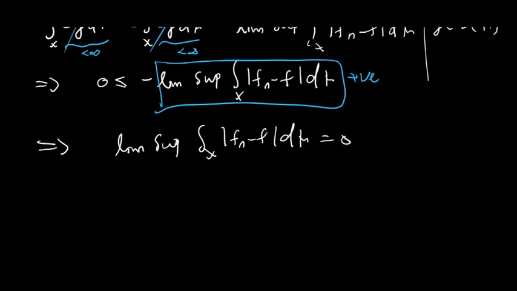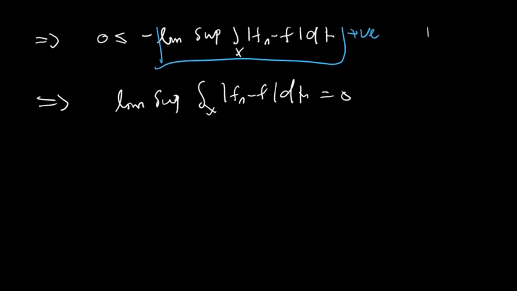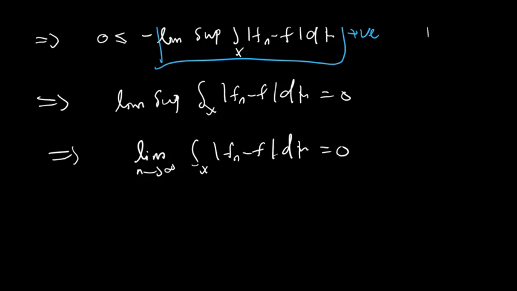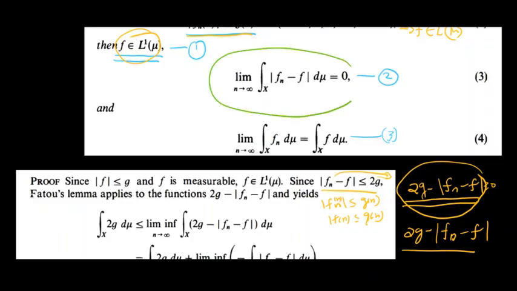So this means the limit itself is 0. That is, the limit as n tends to infinity of the integral over X of |f_n minus f| dμ equals 0. That's what we want.